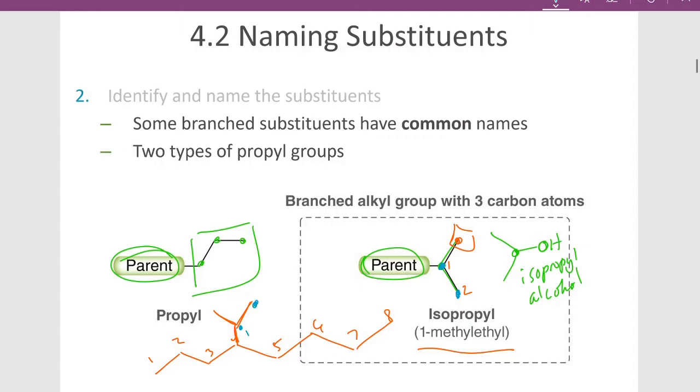This would be carbon number 1, this would be carbon number 2 as a complex substituent, giving it an IUPAC name, and at the first carbon on the substituent we have a methyl group. So this would be 1-methyl-ethyl, and we put that in parentheses because it's a complex substituent, 4-(1-methyl-ethyl)octane in this case. Or we could also call this 4-isopropyl octane.